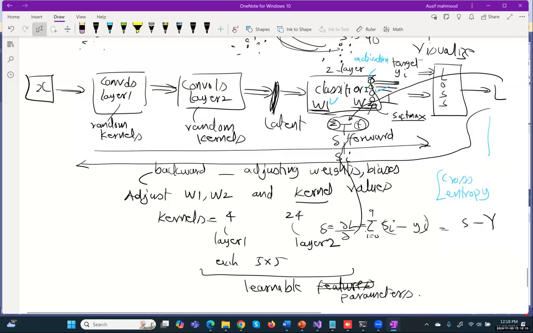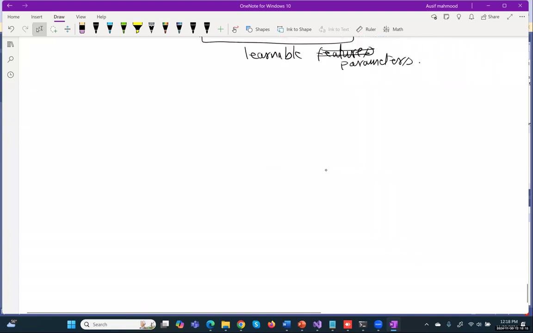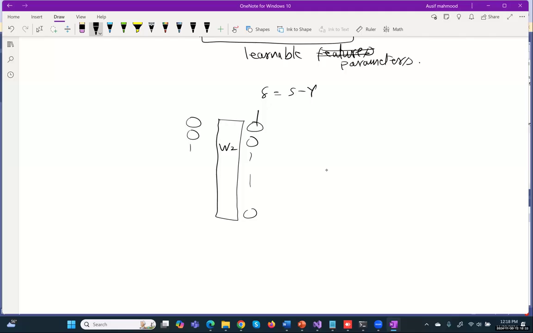Now if we go backwards, let's take a look at the classifier. The classifier has two layers, right? The delta over here is S minus Y. What's the weight matrix connecting it? W2. And the weight matrix connecting the previous layer is W1. Now we'll compute the delta over here.